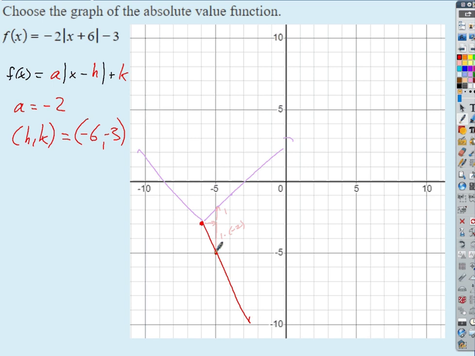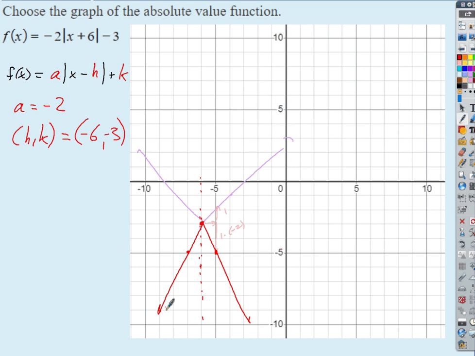Because I know I'm going to have another one that's reflected to the other side, right? What would I call that vertical line right there that splits the absolute value function? The line of reflection, or even better, a line of symmetry. We'll reflect over that line of symmetry, and that's our answer, isn't it?